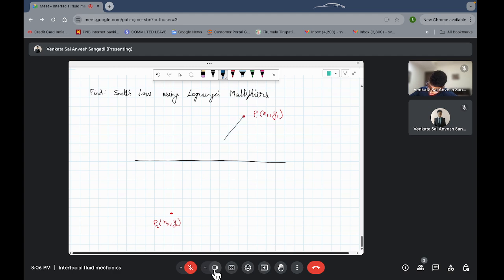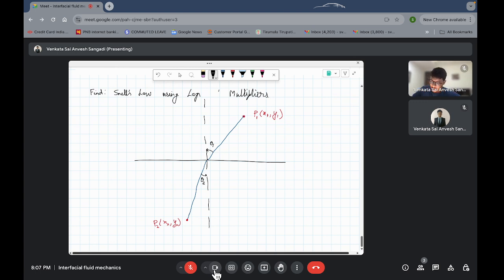So we have the point P1 here and P2, and the angles are given as theta 1, theta 2.